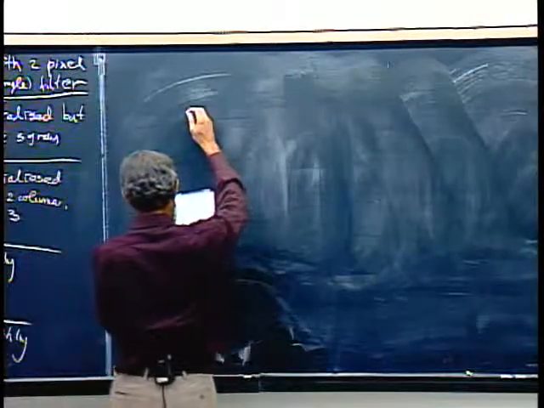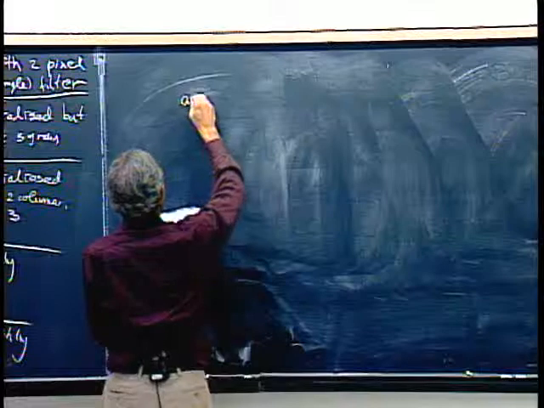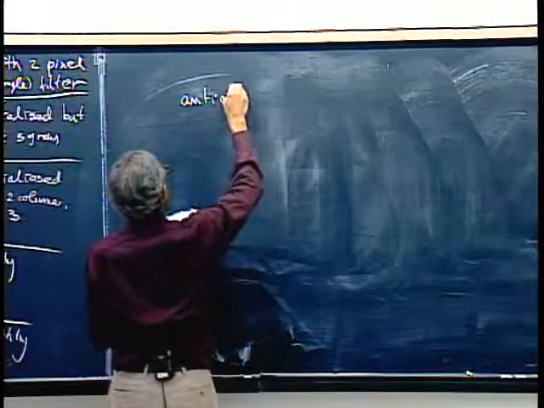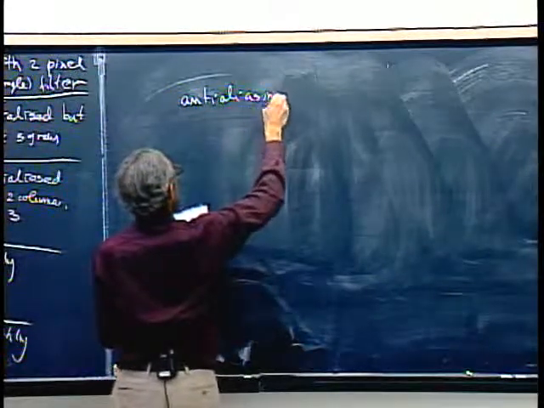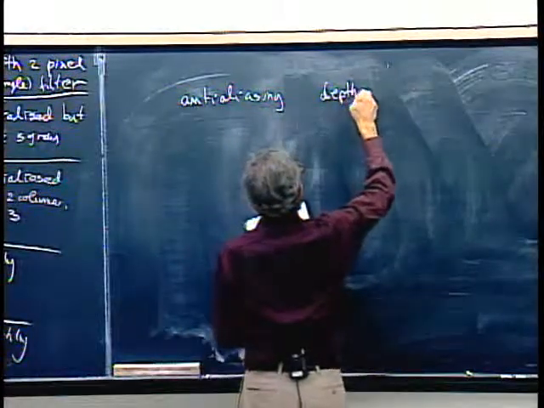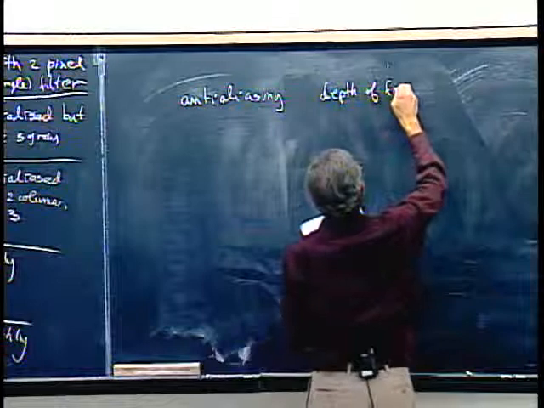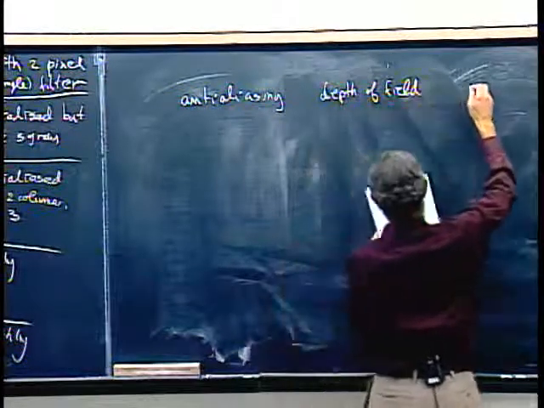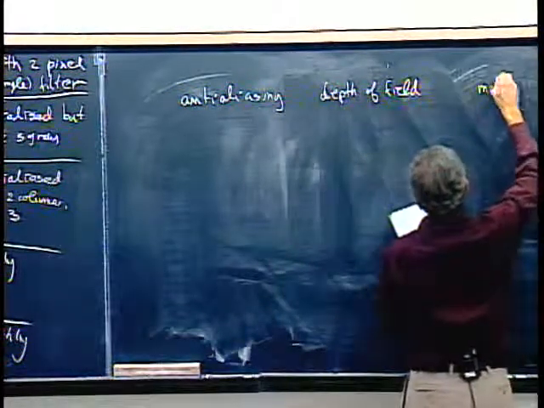So what it's going to say is anti-aliasing, depth of field, maybe 5, motion blur.